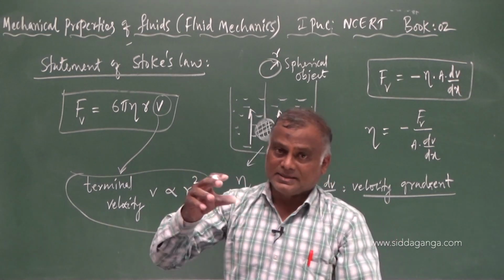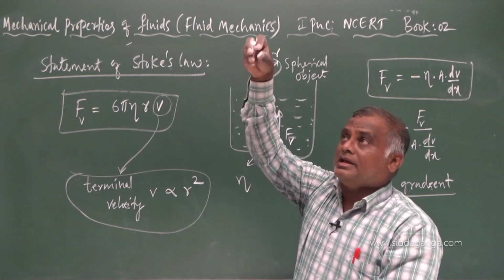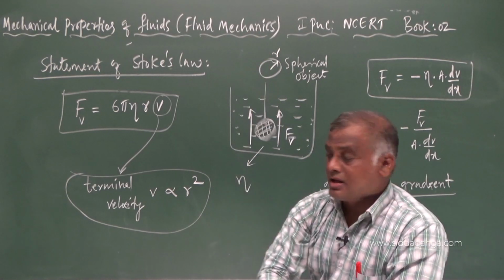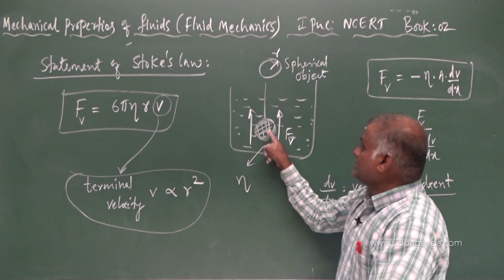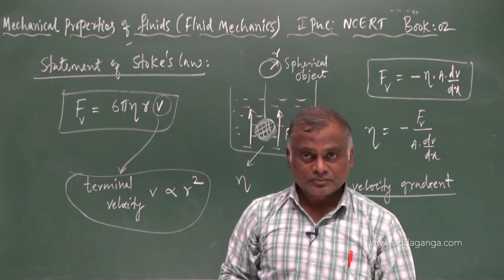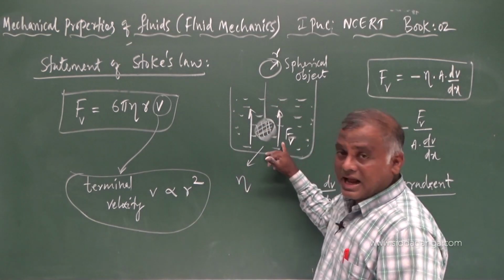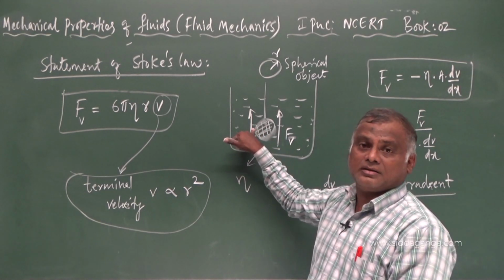When a spherical object of radius r is dropped in a fluid of coefficient of viscosity eta, this object will experience some dragging force, and that dragging force always opposes the motion of the object.